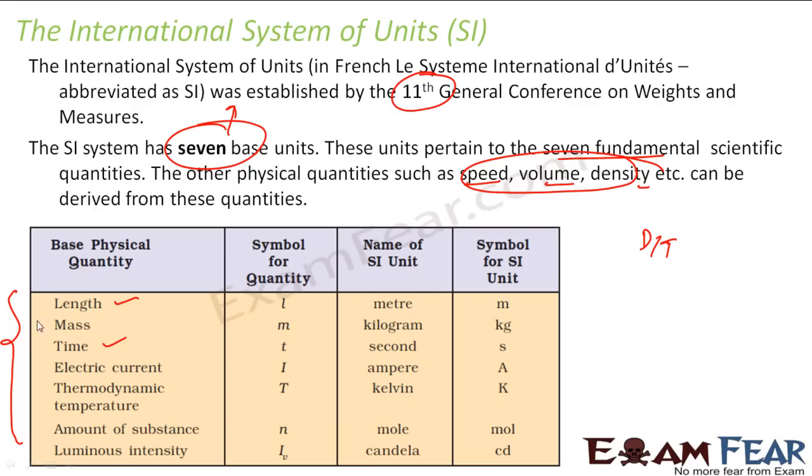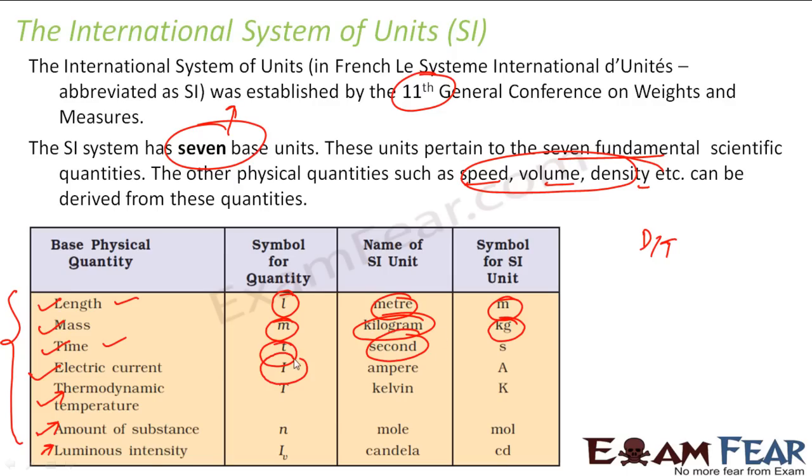And these are length, mass, time, electric current, thermodynamic temperature, amount of substance, that is mole, and luminous intensity for brightness. So if you see, length is L, that is in meter. We use meter, that is a base unit. Mass is denoted by M, and we use kilogram, kg, for this. Time is T, we use second for this.